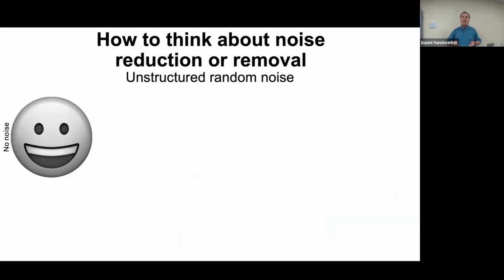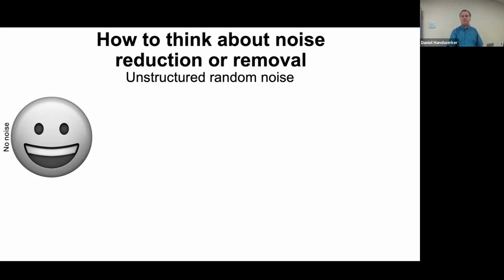So how are we going to think about noise reduction and noise removal? I'm going to divide this, with a bunch of examples, into three general types of noise: unstructured random noise, structured random noise, and structured not random noise.